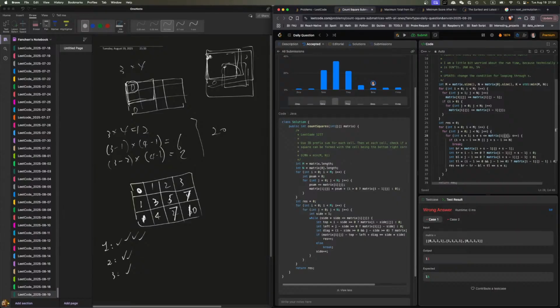Nope. It's the bottom one. Shoot. Okay, it's fine, it's fine. We'll do this.